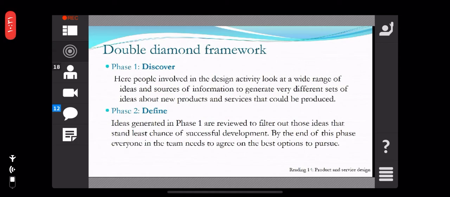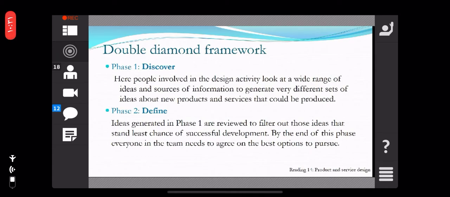So in defining, ideas generated in phase 1 are reviewed. You will use a filtering process to filter out those ideas that stand least chance of successful development. By the end of this phase, everyone in the team needs to agree on the best options to pursue.